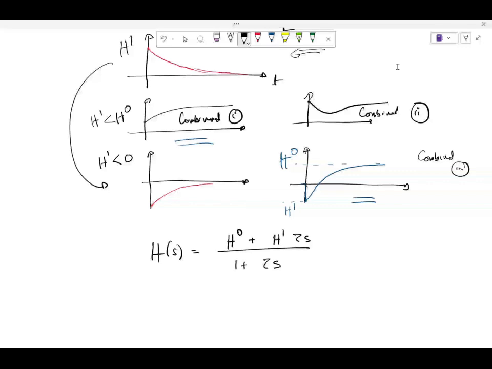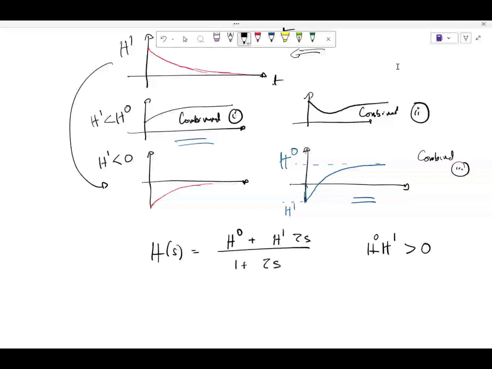If H0 and H1 are both greater than 0, which means they have the same sign, what can you comment on the location of the 0, whether it is a right half plane 0 or a left half plane 0?